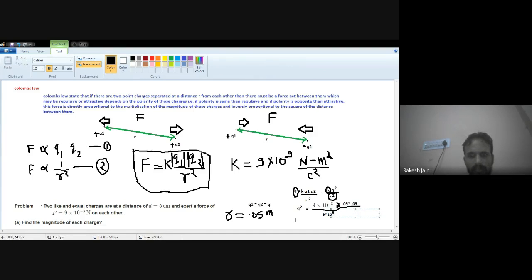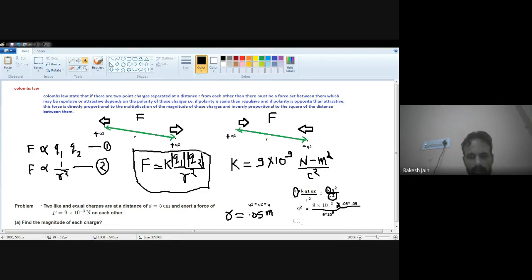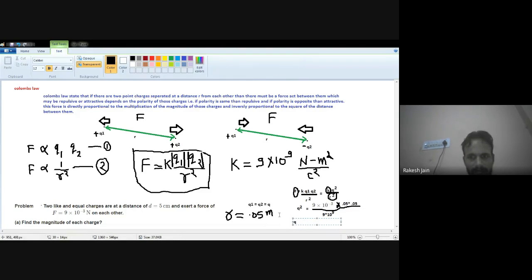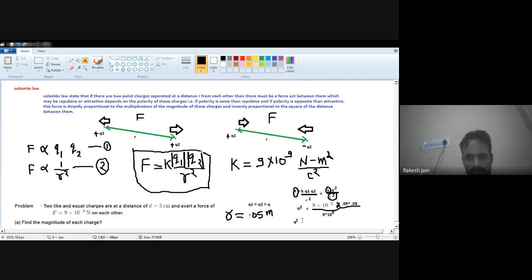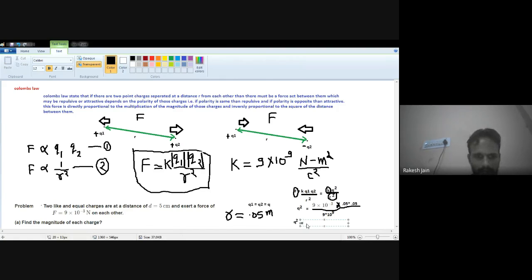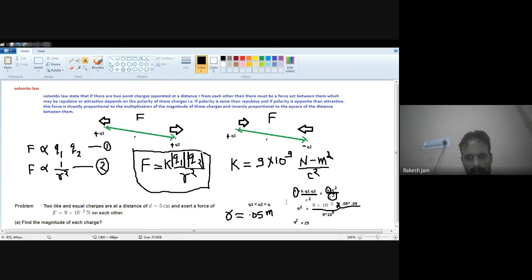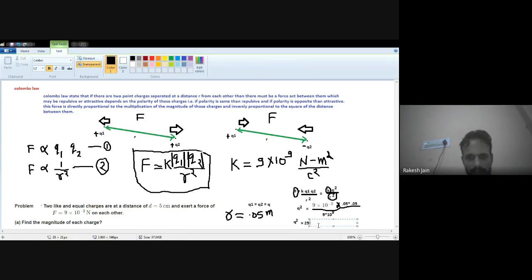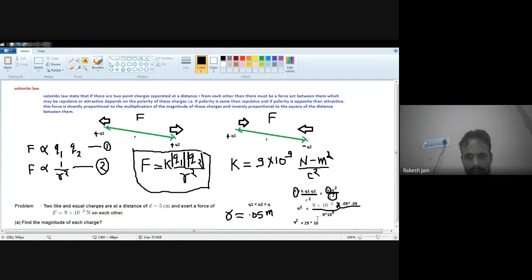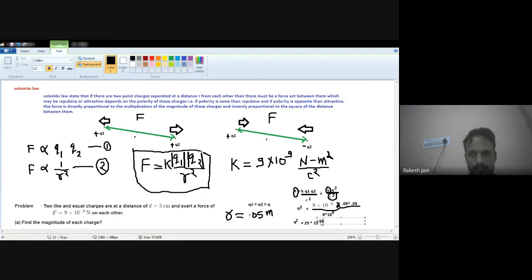With the help of this, when I solve, I find Q square is equal to 25 multiplied by 10 to the power minus 16.